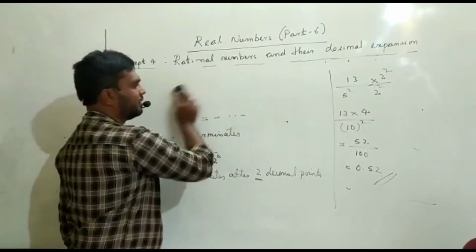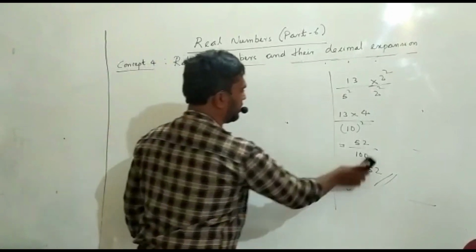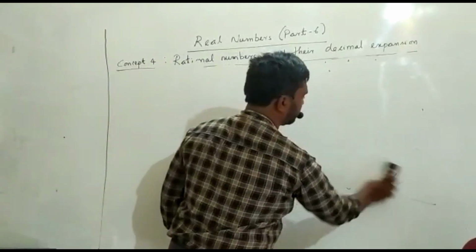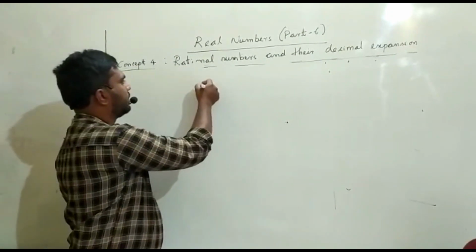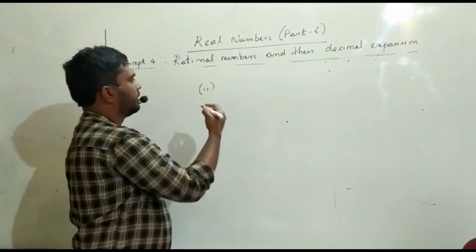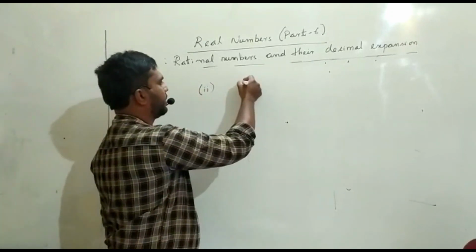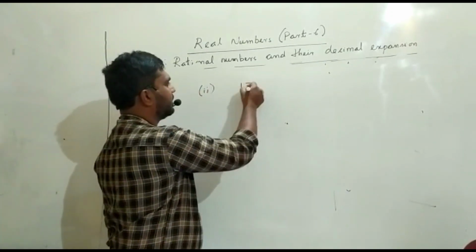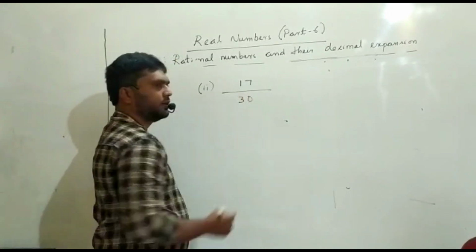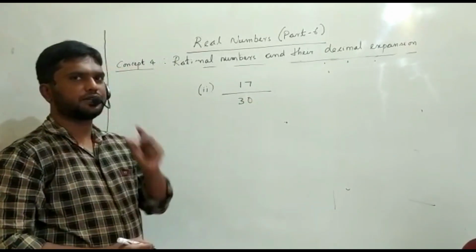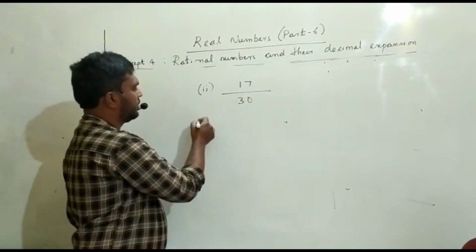So one more example. Any number we can take: 17 divided by 30. You have to check whether it is terminating or non-terminating.